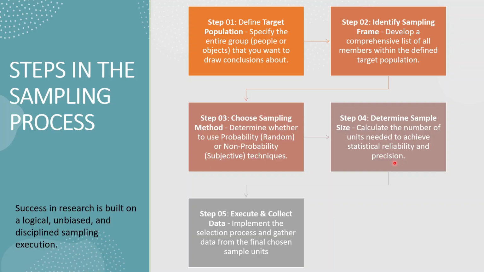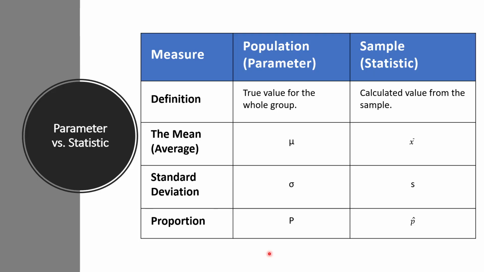Then coming to the last step, step number 5, execute and collect data. Now implement the selection process and gather data from the final chosen sample units. So I'll have to pick the samples and collect the data from them. So these are the steps involved in the sampling process.